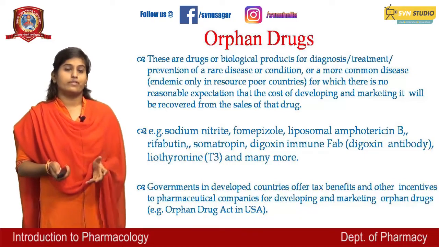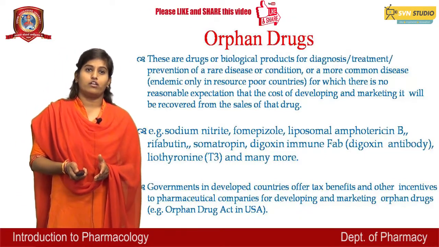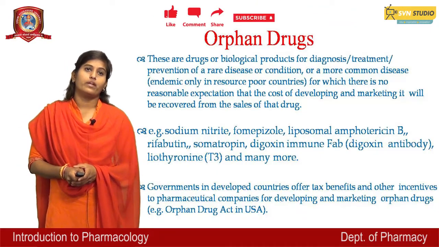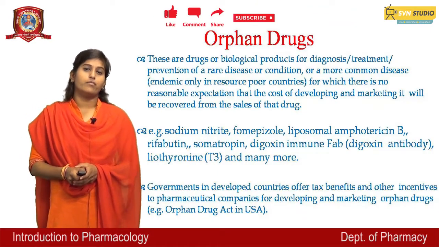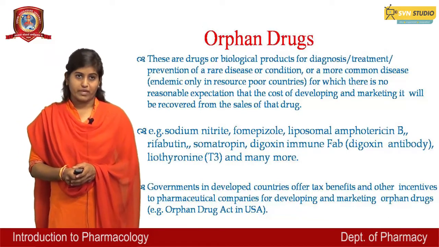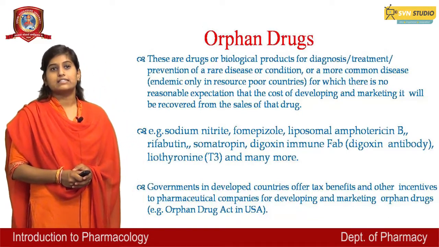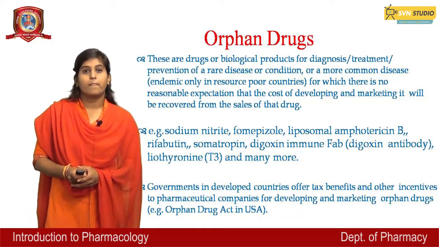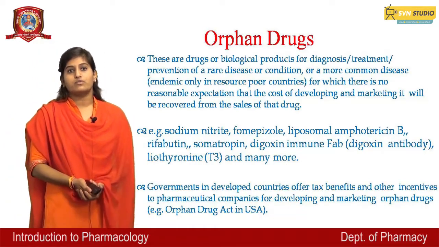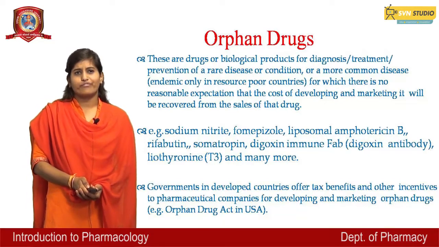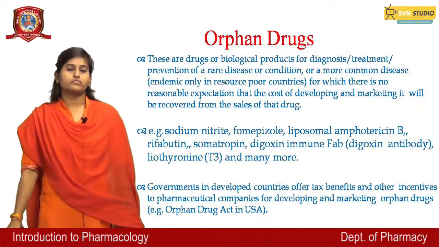Examples: sodium nitrite, fomepizole, liposomal amphotericin B, rifampicin, somatropin, digoxin immune Fab, digoxin antibody, liothyronine T3, and many more. Governments in developed countries offer tax benefits and incentives to pharmaceutical companies for developing and marketing orphan drugs, for example the Orphan Drug Act in the USA.